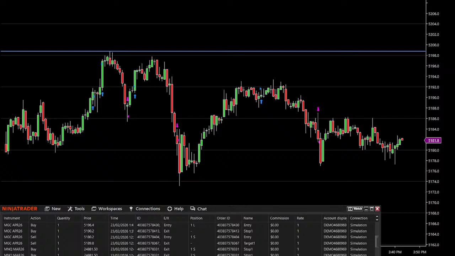Is this whole window showing on the screen? Wait, where'd you go? Okay, I think it does resize when I move it up like that. So here's 1, 2, 3, 4, 5, 6, 8, 9, 10, 11. Okay, so I've made 11 trades today.